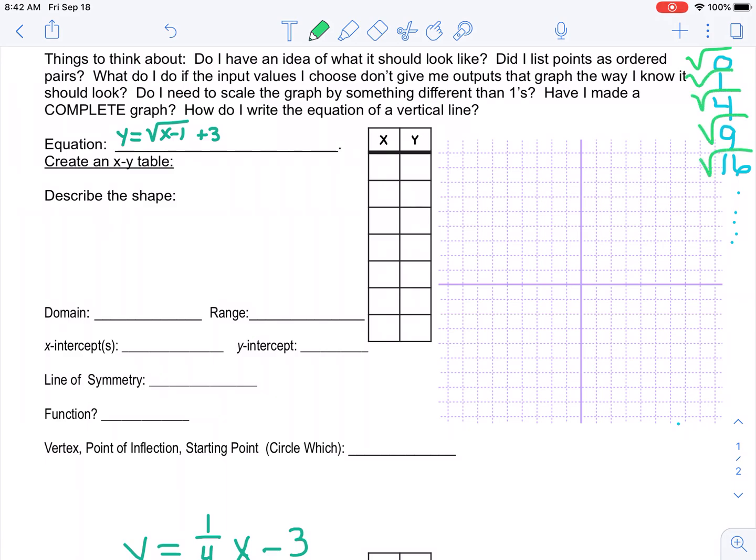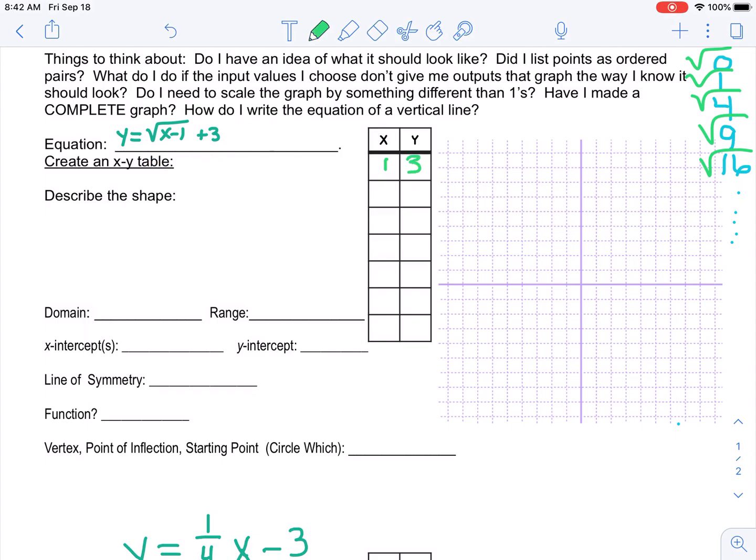So looking at this square root part here, I'm thinking, what could I replace X with so I end up with 0? And that's 1. So if I put 1 in for X, and then I do the math, 1 minus 1 is 0, the square root of 0 is 0, add 3, and we get 3.